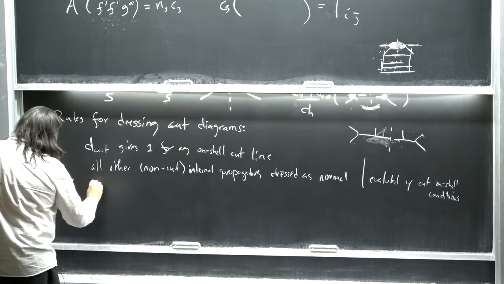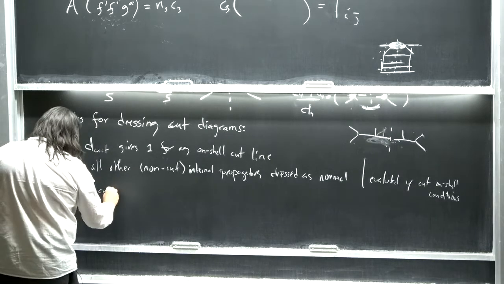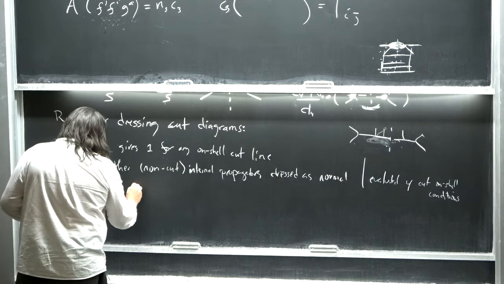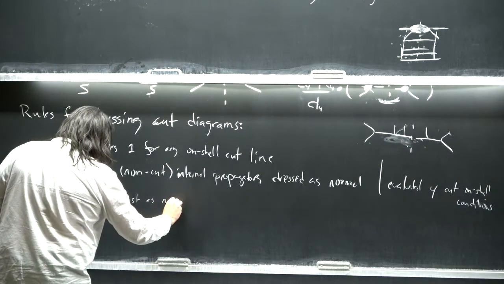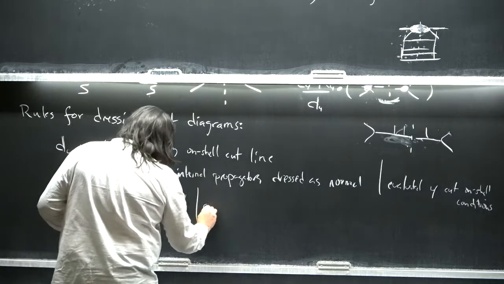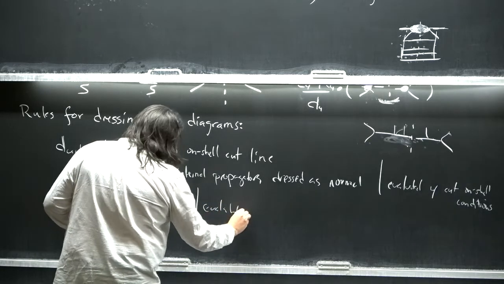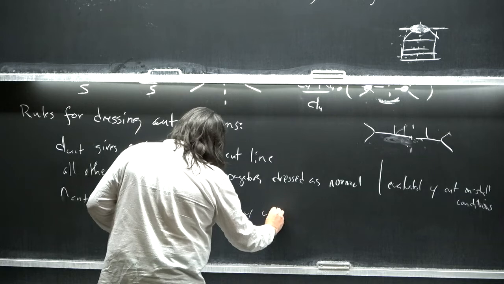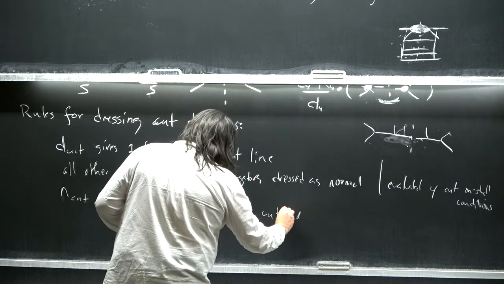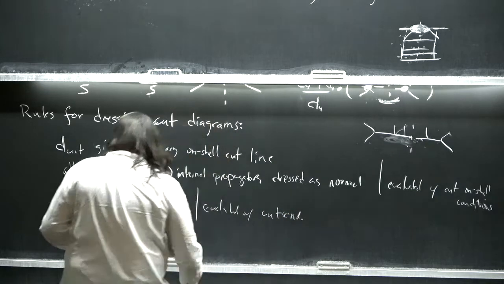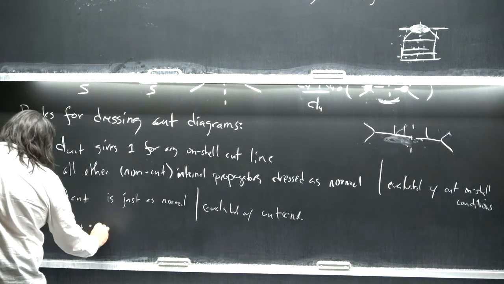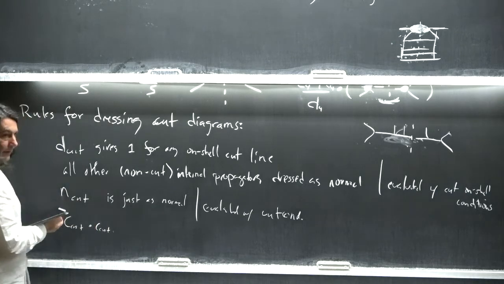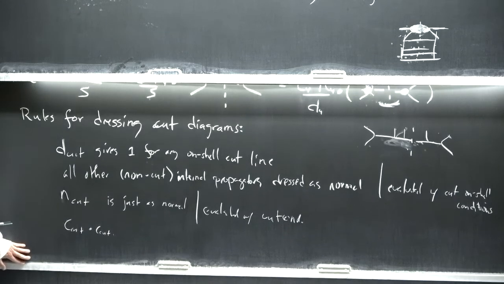The numerator cut is just as normal, but evaluated with cut conditions. And the color factor is just the color factor cut. So we haven't done anything to the color factor.